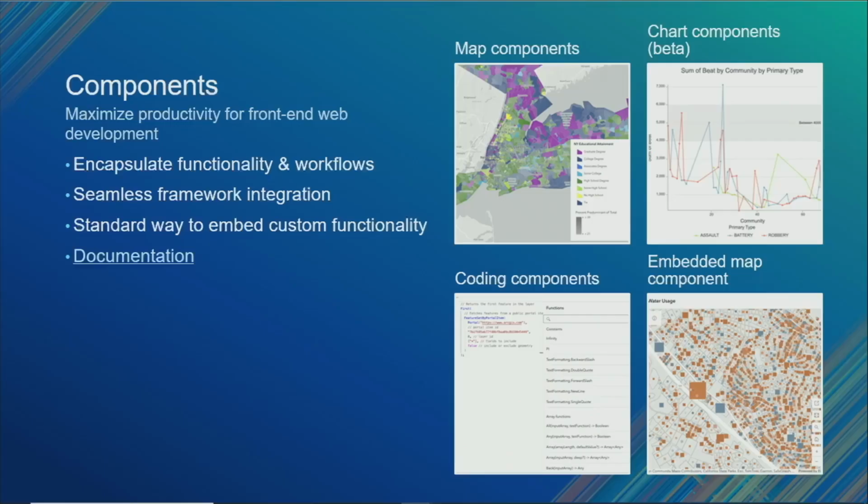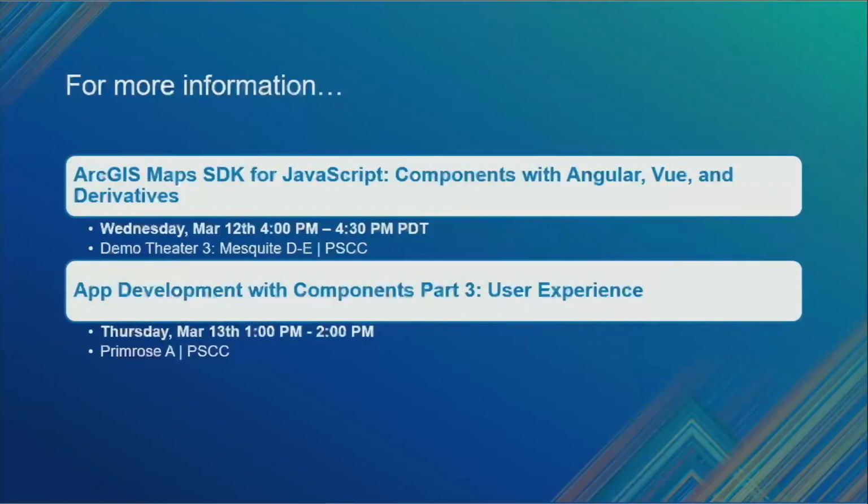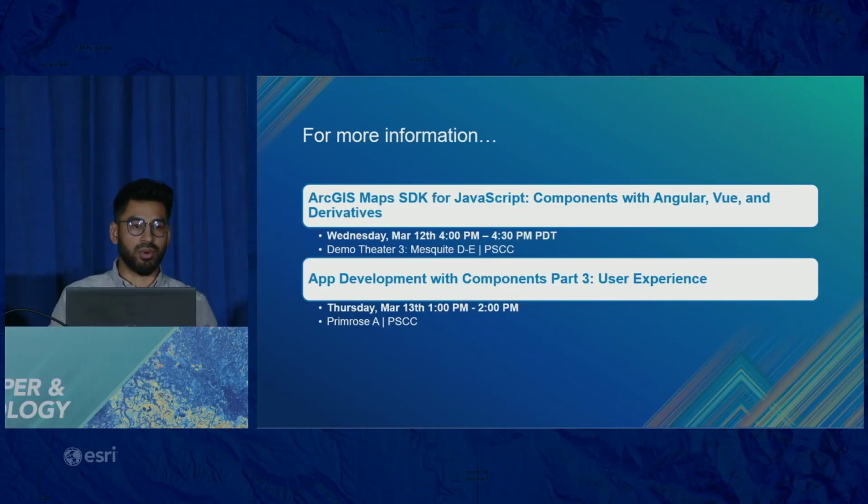For more detailed workflows working with the map components, and maybe you're more interested in using them through frameworks, there are some sessions this week. If you want to attend, you can learn how to bring them into different frameworks, or get a deeper dive into how to use them in your applications.